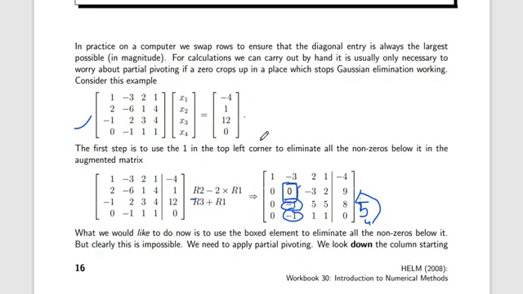If it does not, then with the help of partial pivoting we can change the rows. The third row will become the second row or the fourth row will become the second row. We will interchange two rows. So this is partial pivoting.